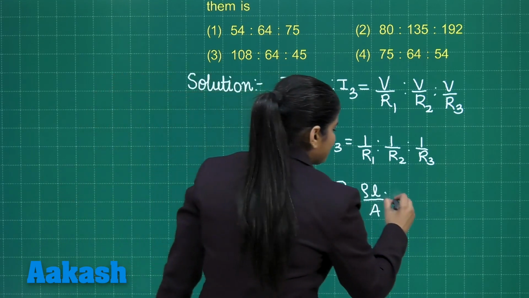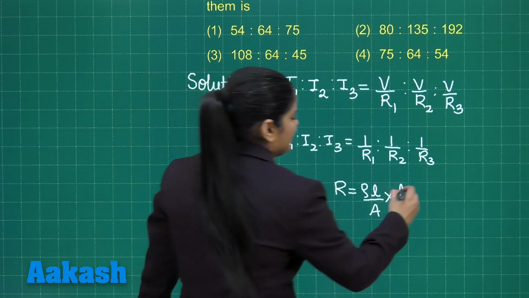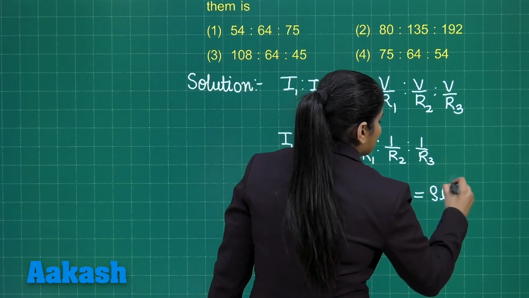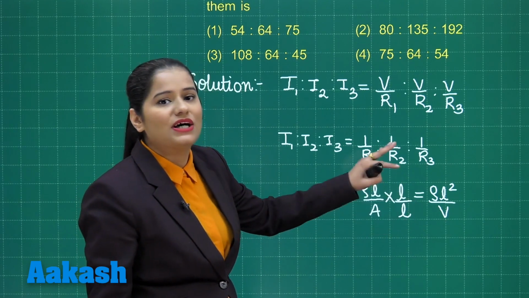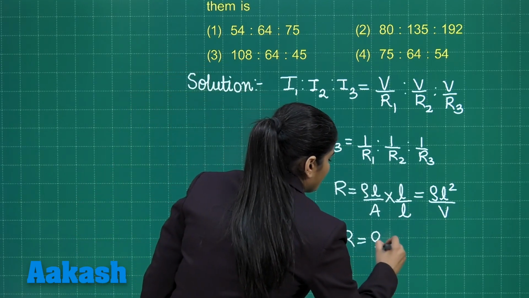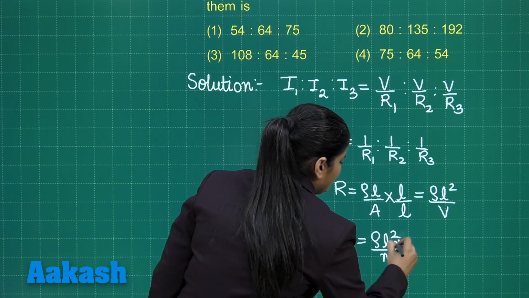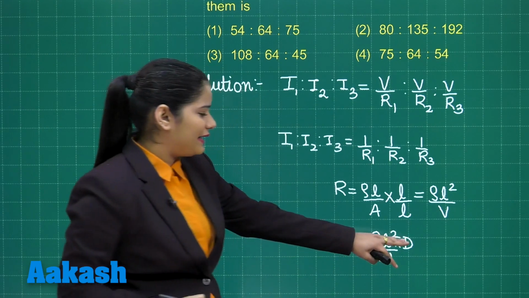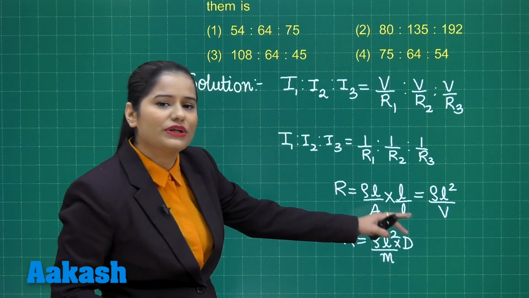How? If I just multiply this formula and divide this formula with L, this will be rho L square by V. Volume is mass upon density. So R will become rho L square into density upon mass. I am writing density as capital D.